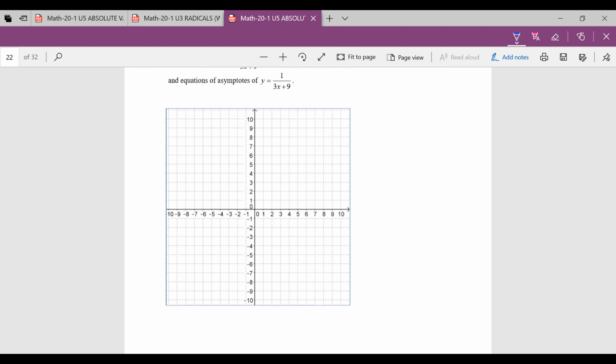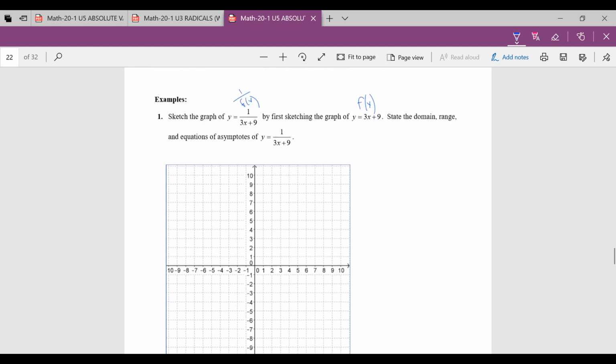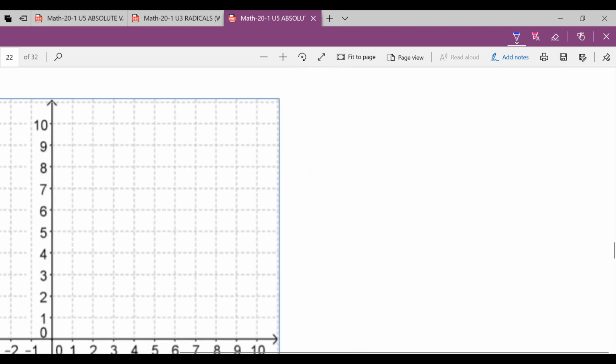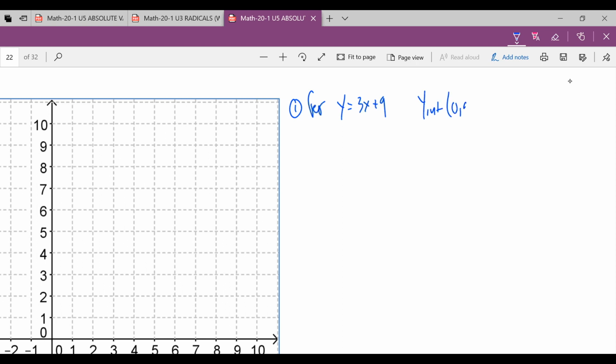The first thing I'm going to do is graph f of x. I'm going to graph y equals 3x plus 9. For that graph, we know a couple things. Let's just summarize them here. Let's make this step 1. For y equals 3x plus 9, we know we have a y-intercept of 0, 9.